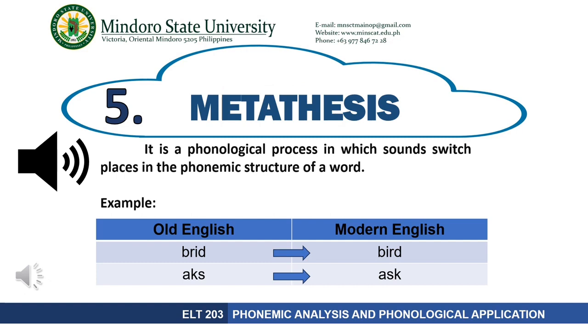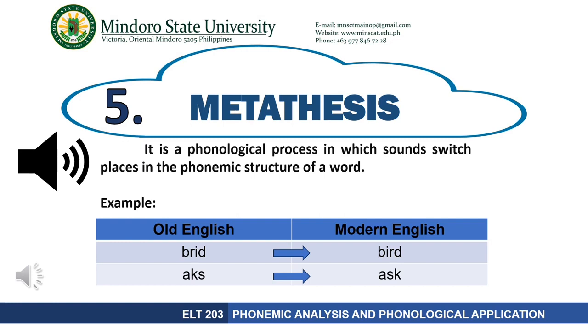Fifth on the list is metathesis. It is a phonological process in which sounds switch places in the phonemic structure of a word. In here, letters are switched to make words easier to pronounce and understand.